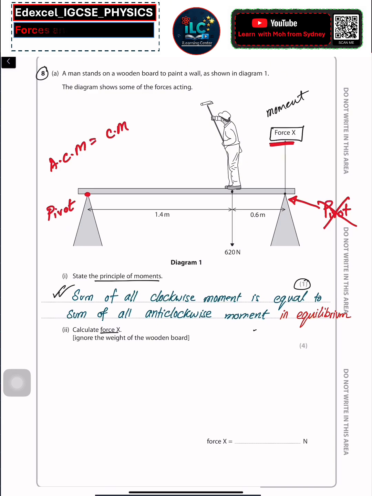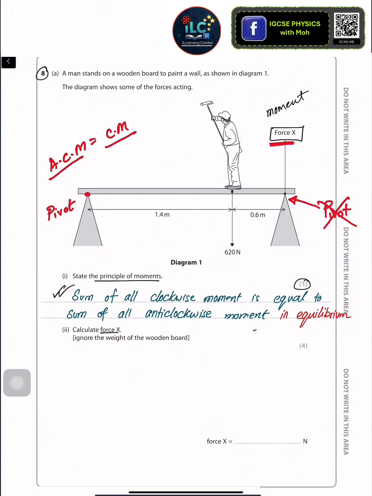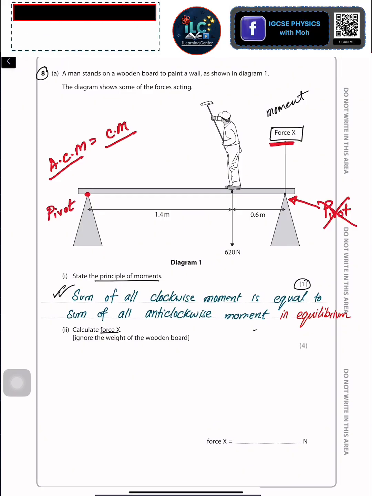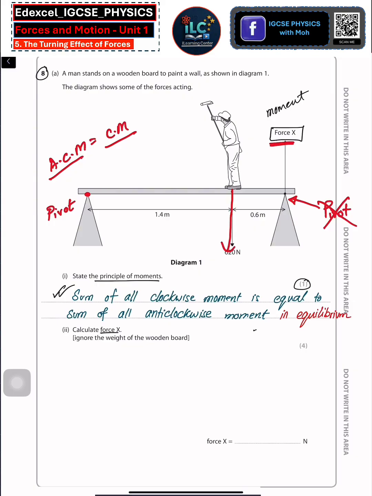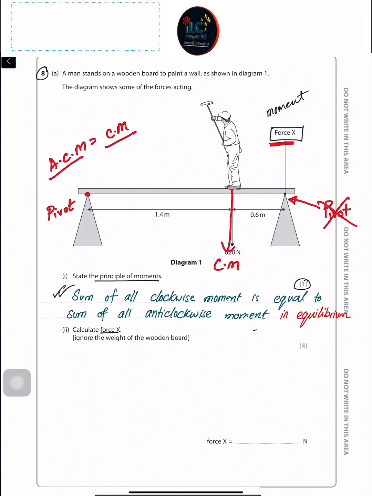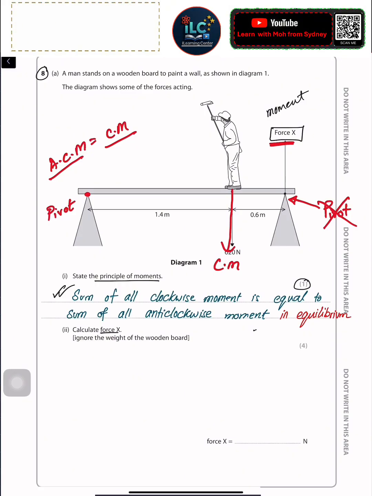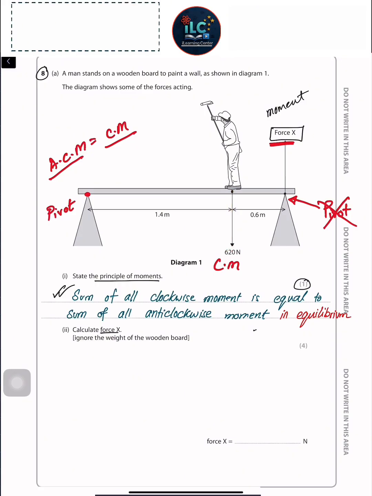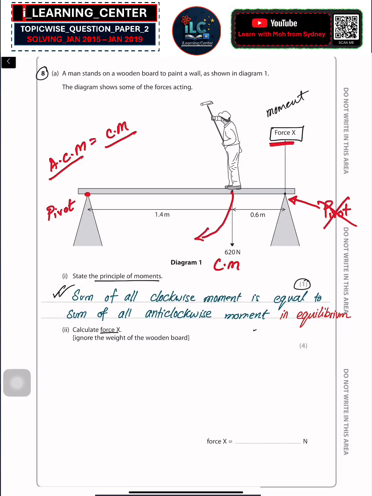Now, you will have two forces. Of course, there will be one anti-clockwise, the other one is clockwise. If this is the pivot, then you have a clockwise moment, which is this one. I'm just going to erase it so you can see the value clearly. The arrow is correct. This is the clockwise moment that we have.